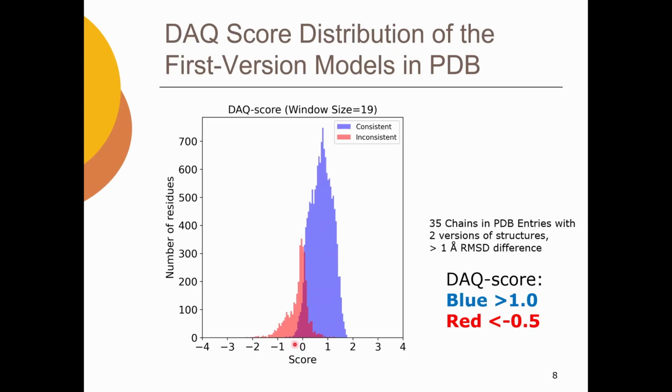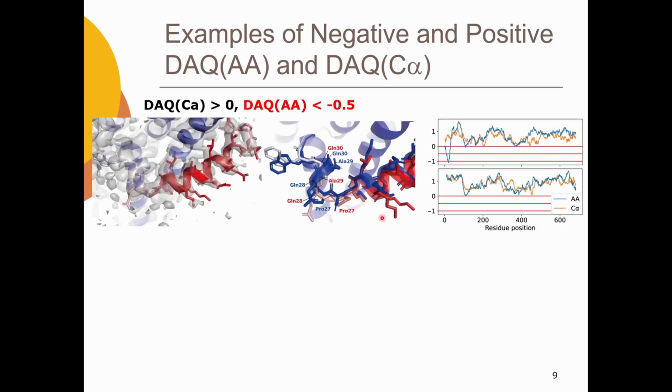So if you look at the cutoff value, if the DAQ score is less than minus 0.5, almost 100% of the cases are wrong. So we use a DAQ score of minus 0.5 as a cutoff value to say that it is a highly probable wrong amino acid assignment.